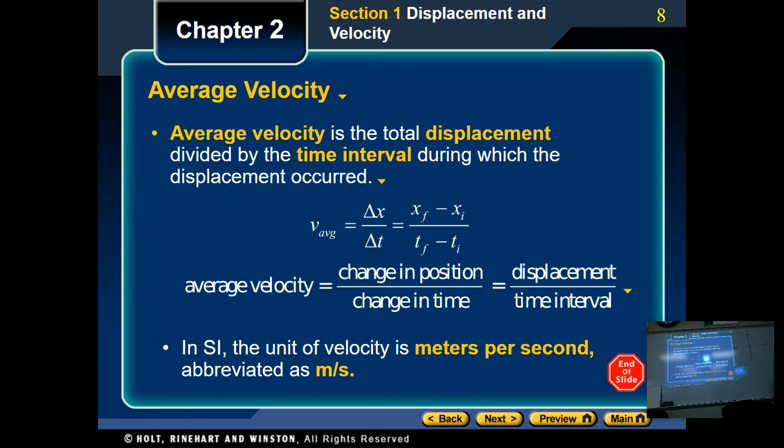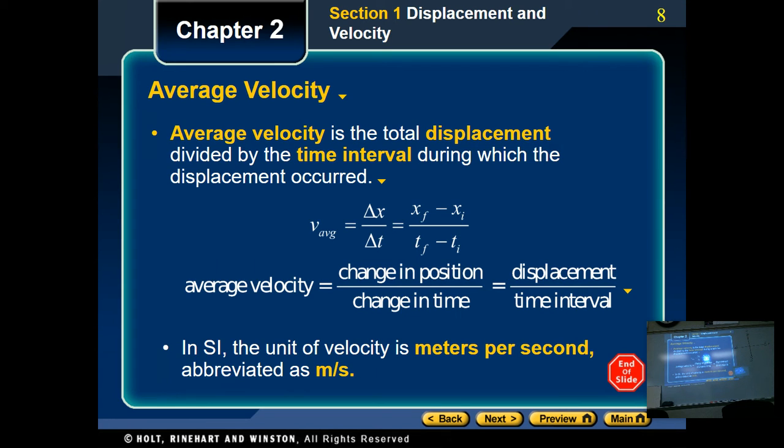Again, anytime you see the letter delta, that means change in. So xf, meaning the final position, minus xi, the initial position, divided by time. And you may, if you want to, do it both in variable format and or word format.